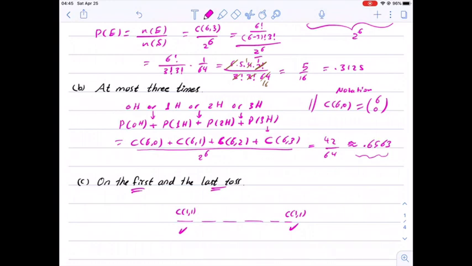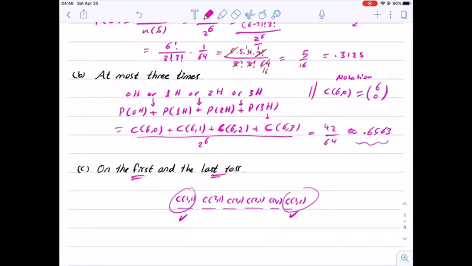So we have 2 C 1, we choose 1 out of 2, and for the third one, the fourth one, we have 2 choices. We can choose any one of them. But for the first one and the last one, we don't have a choice. We have one option. It's specified, 1 head, and we choose that head.